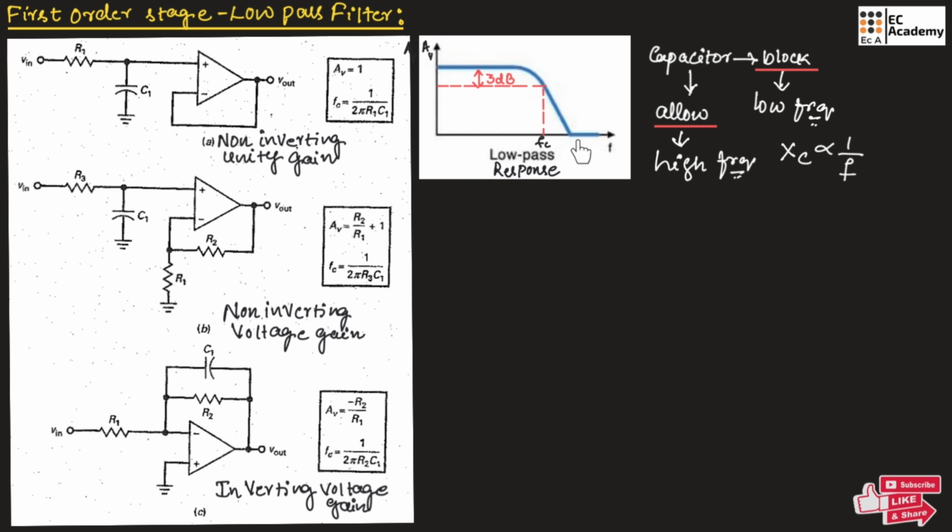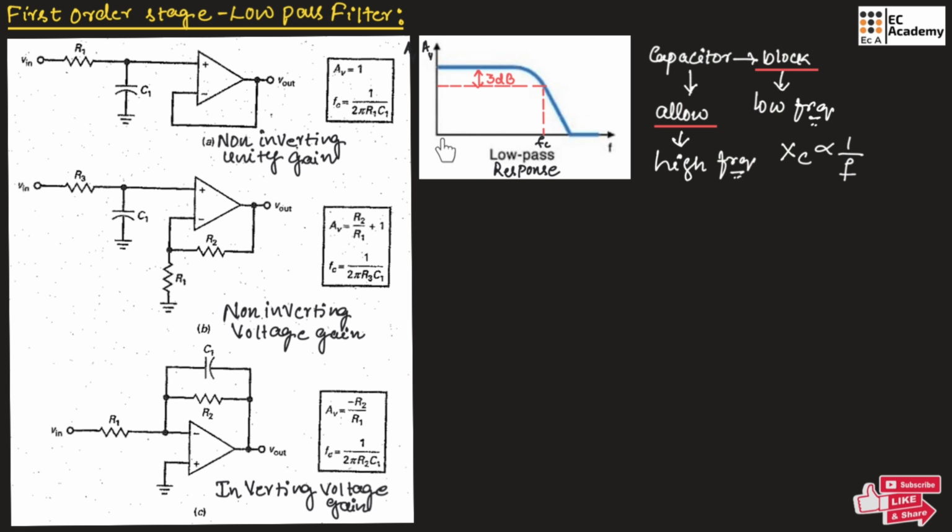From FC to higher frequency, the capacitor will act as a short circuit. That's why all the frequency will pass through this capacitor and it will flow towards the ground. Hence the output will be 0. So for higher frequency from FC and above, the capacitor will allow the signal to pass towards the ground. That's why output will be 0.